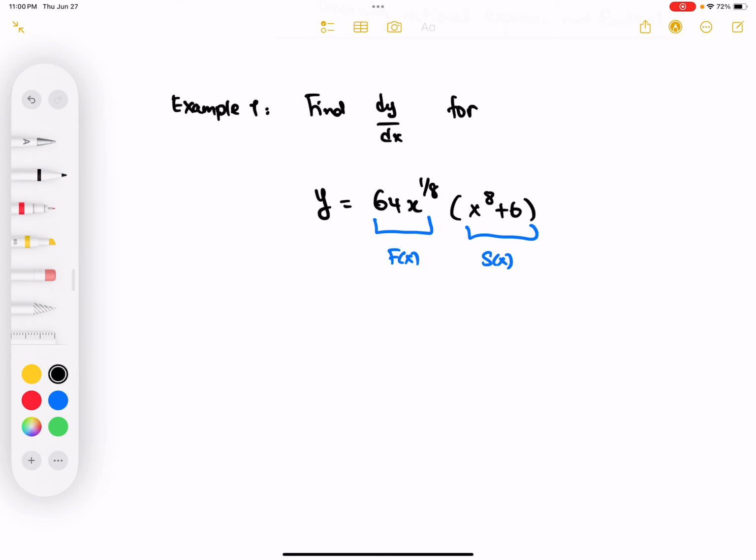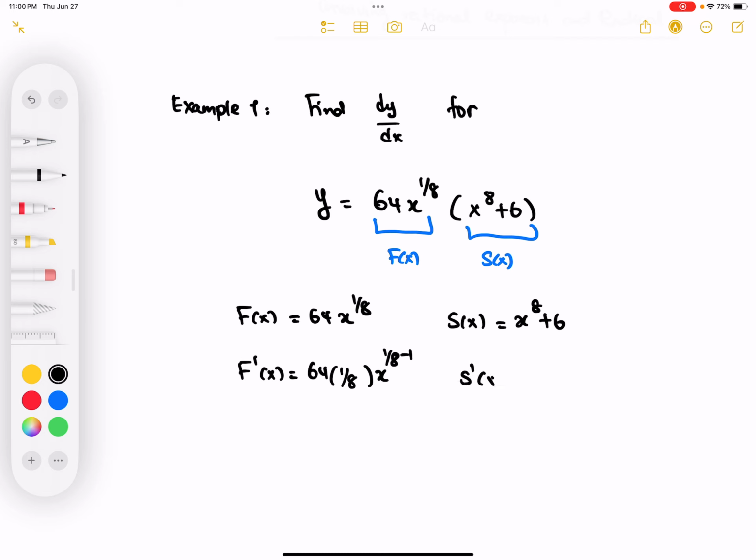Now, the first function is 64x^(1/8). You see, it is a rational exponent. The second one is x^8 plus 6. The derivative of the first one is 64 multiplied by 1/8, x^(1/8 minus 1).